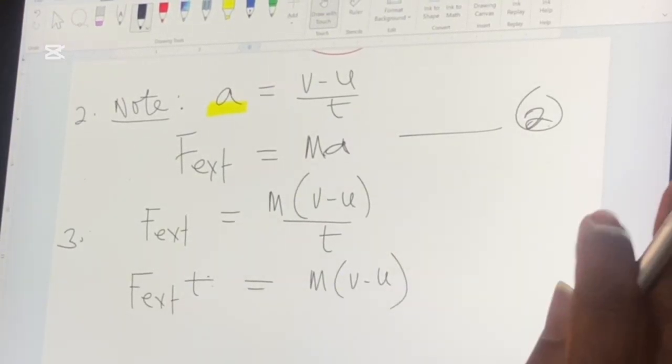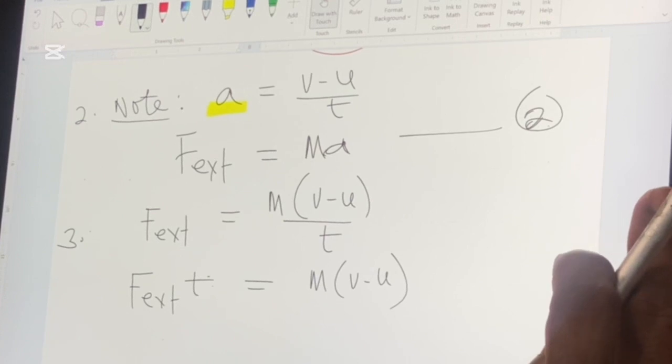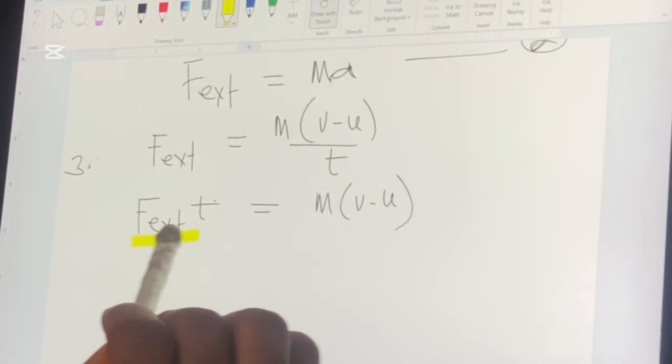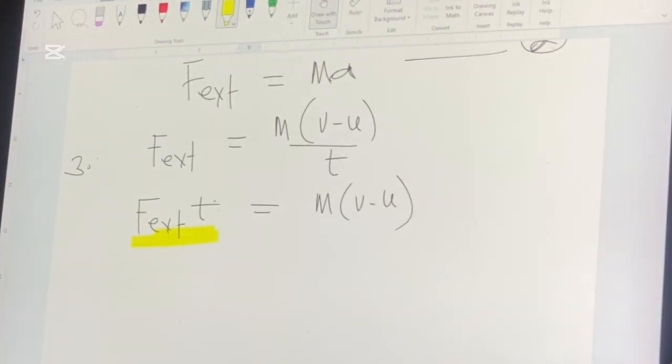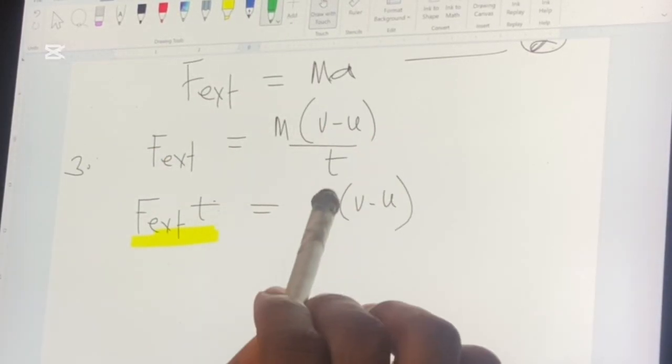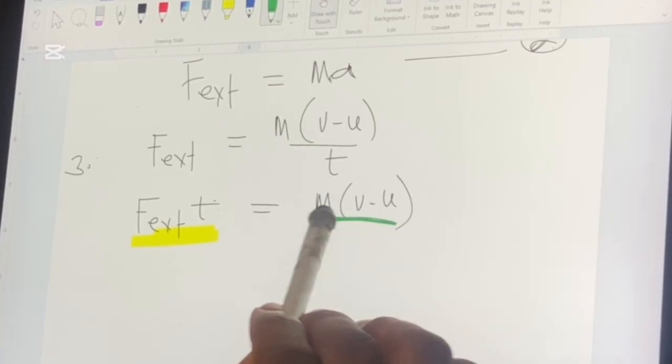Please take note. Force multiplied by time, we call it impulse. Impulse is the same as change in momentum, which is this here.